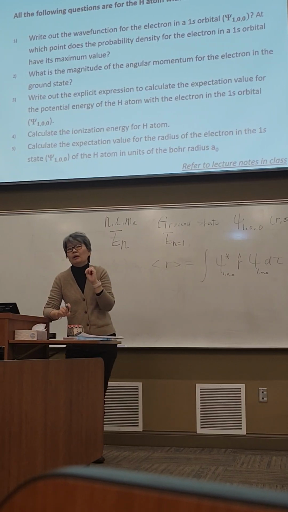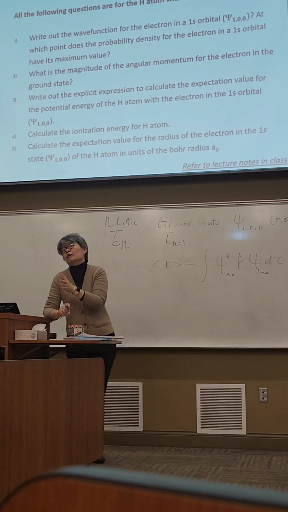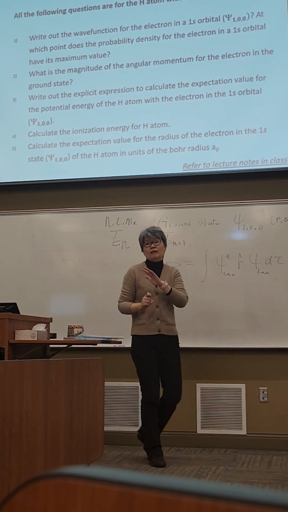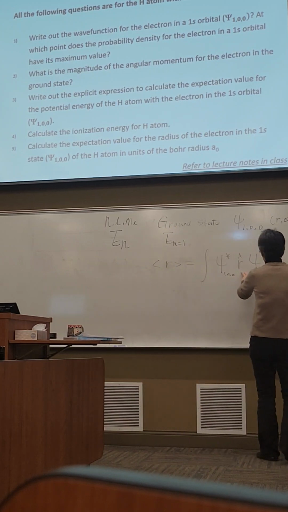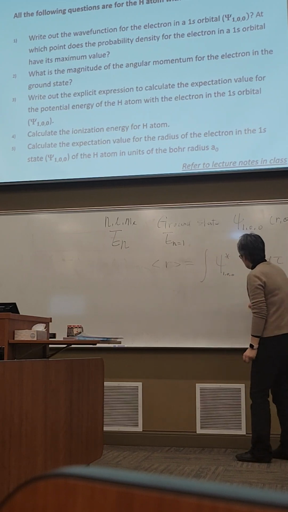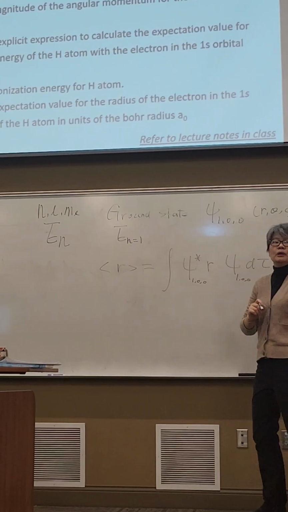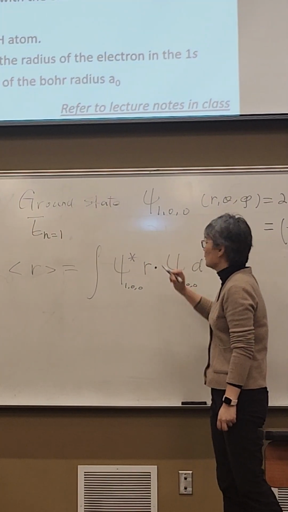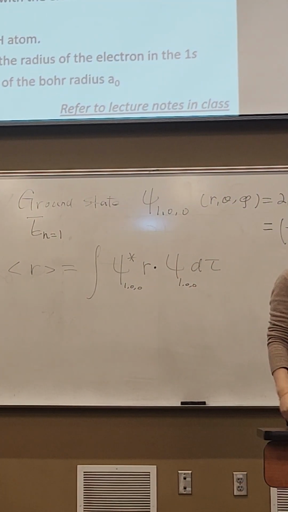The position operator is just a multiplication by that position variable, and position can be in x, y, z or r, theta, phi. So the position operator is really the multiplication by the position variable, which is the radius, and the operation is a multiplication. That's how you substitute it in.